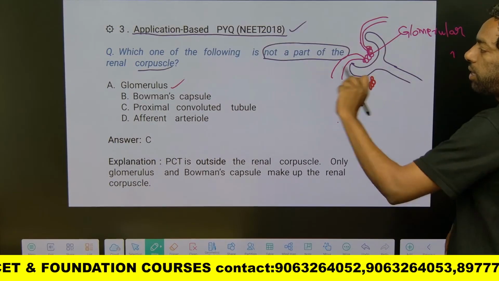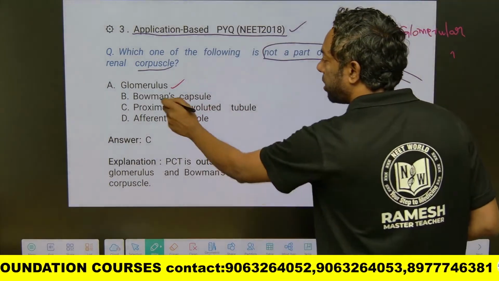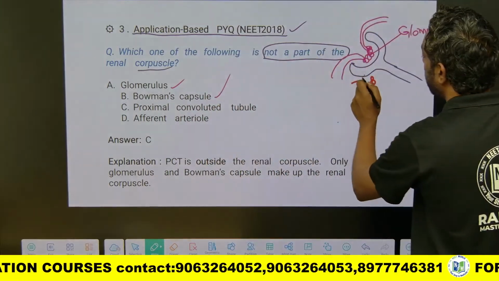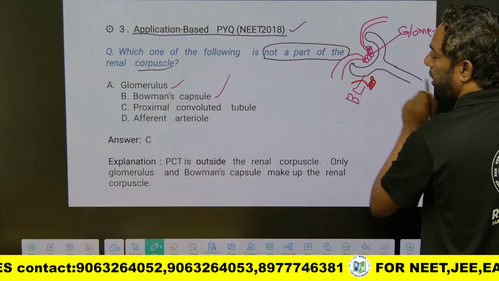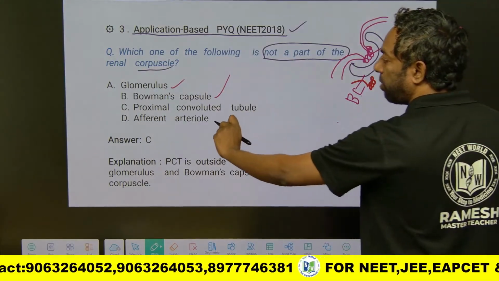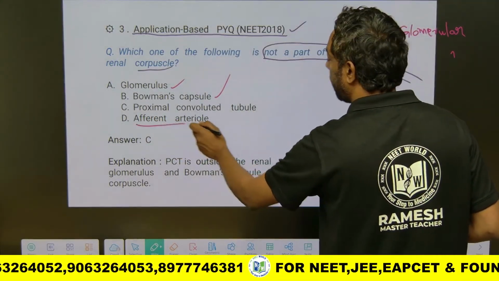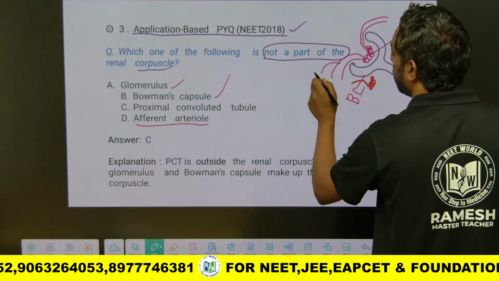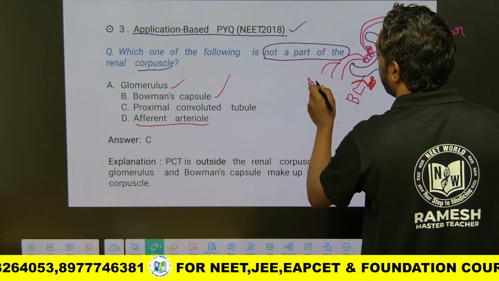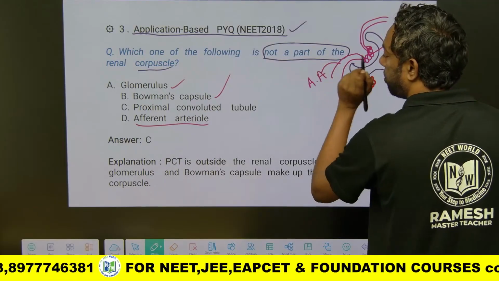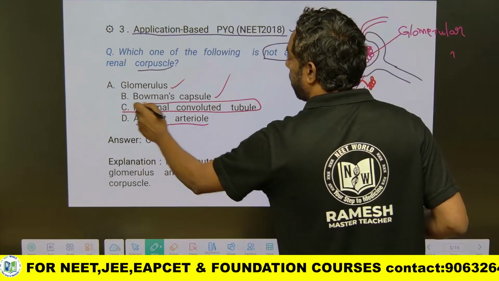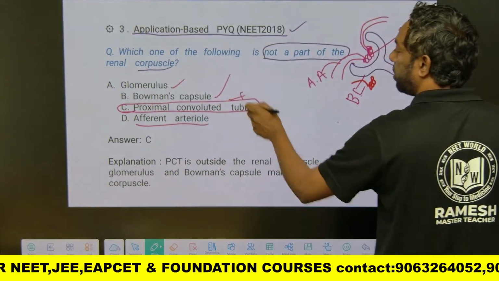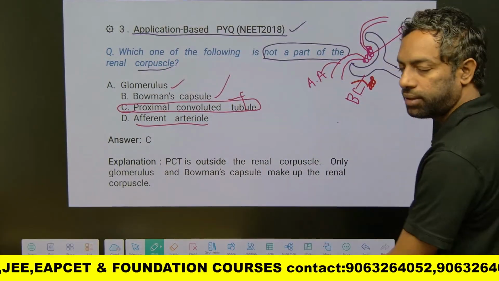This is the renal capsule, and of course Bowman's capsule is also part of the renal capsule. Proximal convoluted tubule and efferent arteriole: the efferent arteriole is also part of the renal capsule, but the proximal convoluted tubule is not part of the renal capsule. This is the right answer.